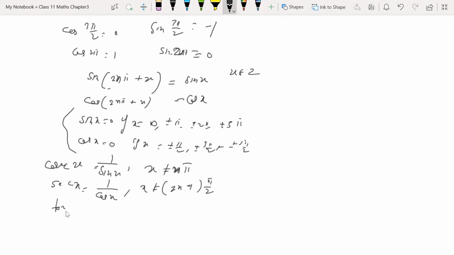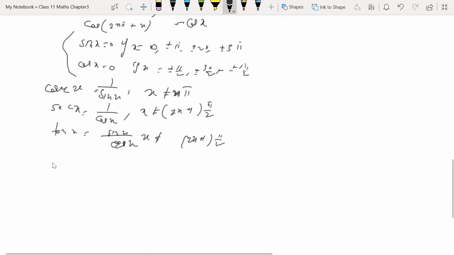And tangent x is sin x upon cos x, with x not equal to (2n plus 1) pi by 2. And again, cot x is cos x upon sin x, x is not equal to n pi.